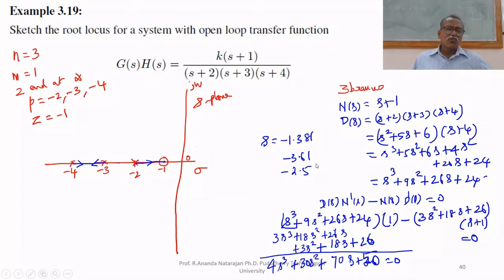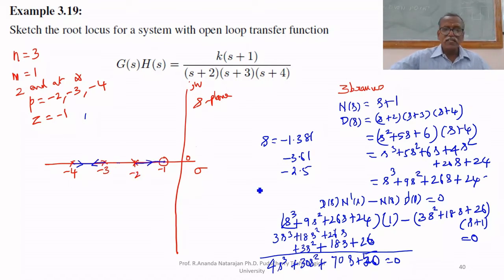Out of these three roots, which is the repeated root? Minus 1.381 is here. Is it a repeated root? No. It starts at minus 2 and ends at minus 1, so it is not a repeated root. Minus 2.5 is here. It is not part of the root locus.